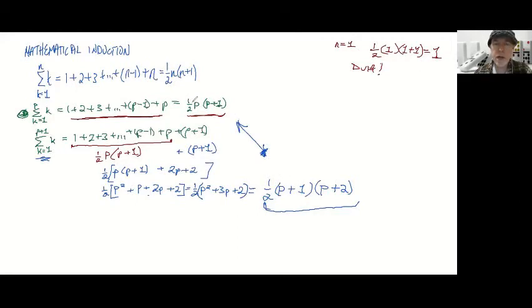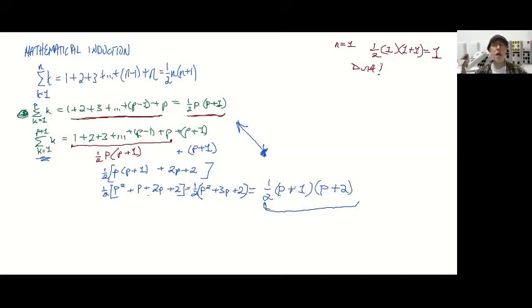Here we've got the sum of the first p integers is given by 1/2 of p times the number following p. And here we've got the sum of the first p plus 1 integers is given by 1/2 of p plus 1 times the number following p plus 1. So if the formula works, again, we haven't proven yet that it works for any number, but if it works for some number p, guaranteed it will work for the number after p.